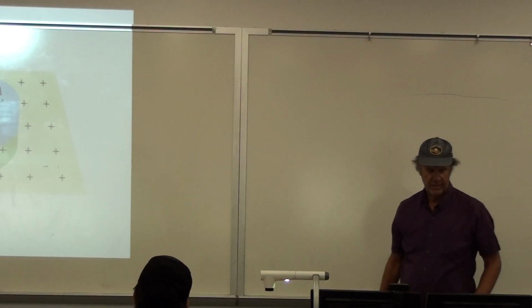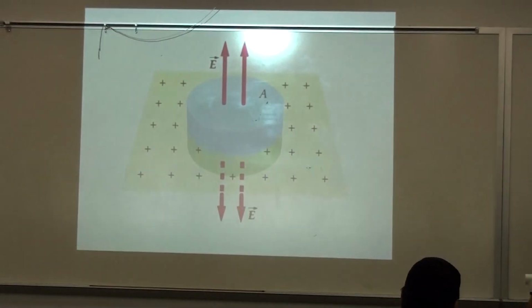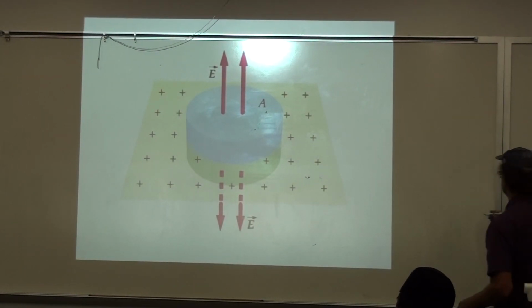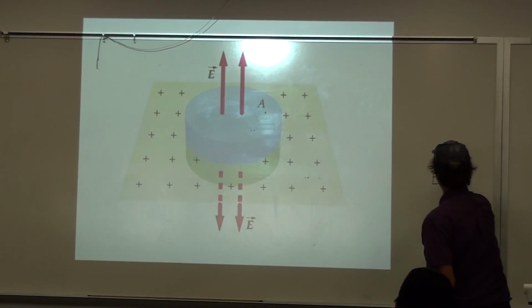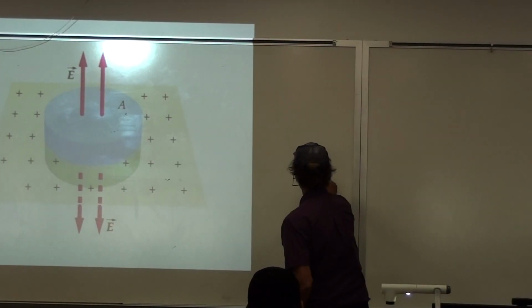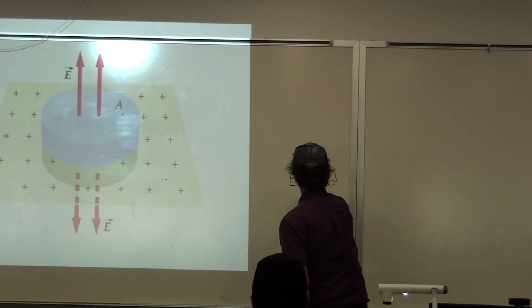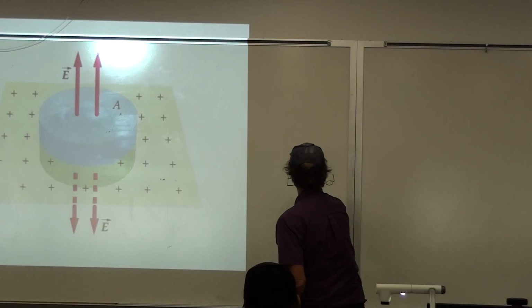Finally, we have an infinite plane of charge. Now remember before, we got the electric field of the infinite plane of charge was 2 pi k sigma. That was a constant. How did we get that?